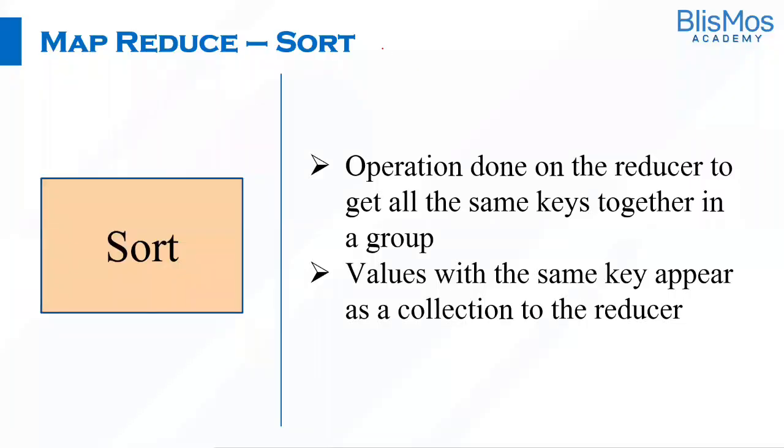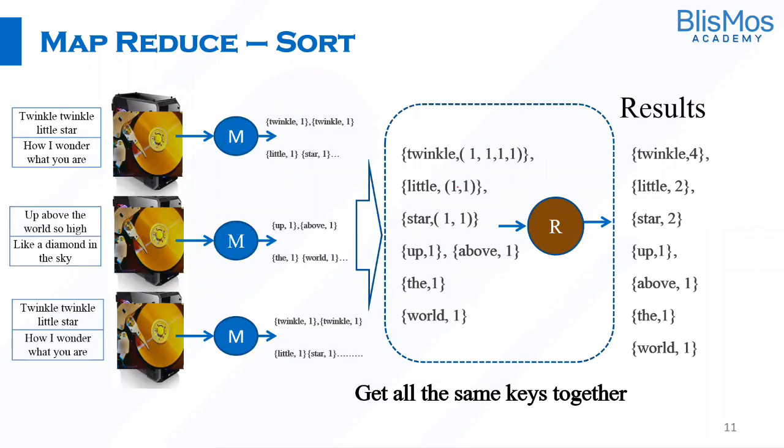Next operation is sort. This is an operation done on the reducer to get all the same keys together in a group. Here, what sort is doing is, let us say we have twinkle here, and it is also there. So when shuffle gets all this to the reducer, what sort does is it ensures that whichever ones have the same key, it will bring them together and feed that to the reducer.